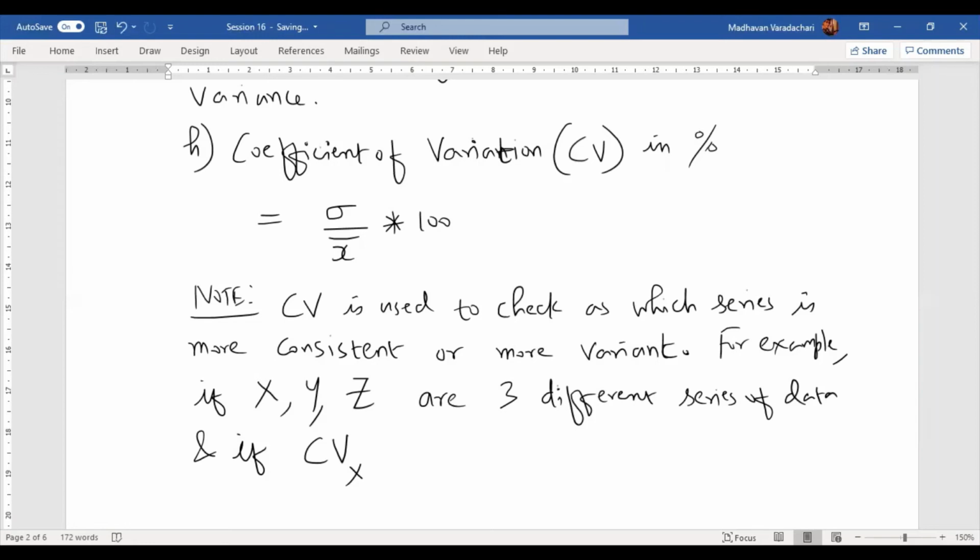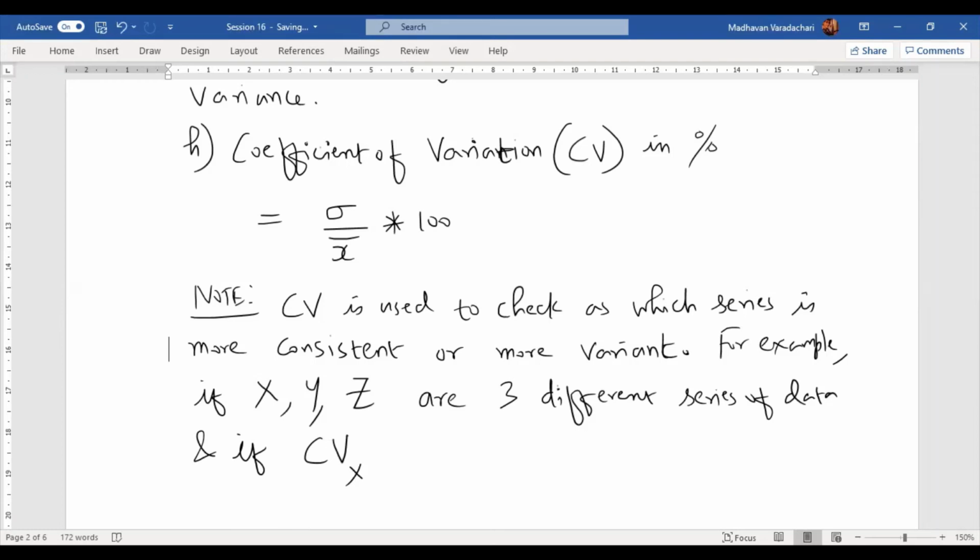Means first I have to find out what is the standard deviation of X, what is the standard deviation of Y, what is the standard deviation of Z, what is the arithmetic mean of X, of Y, of Z. After you calculate all those things, you can calculate the coefficient of variation of all the three variables.